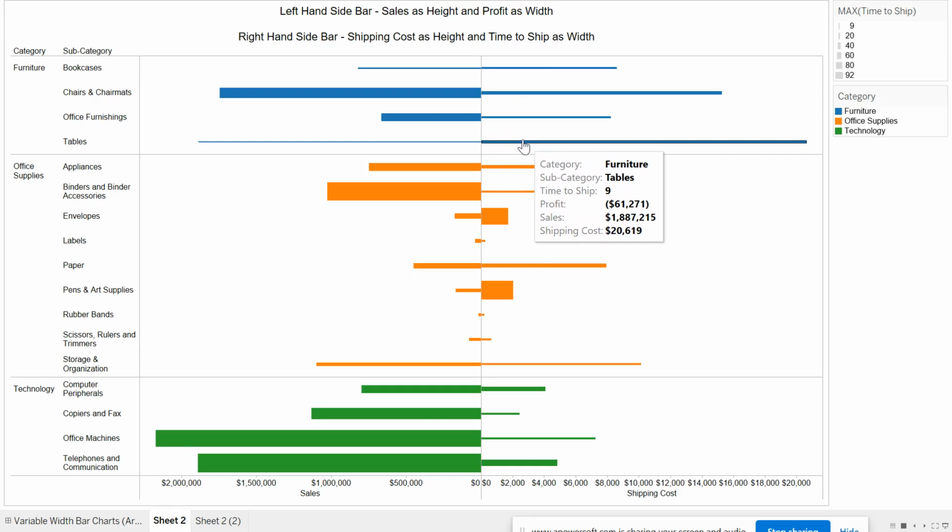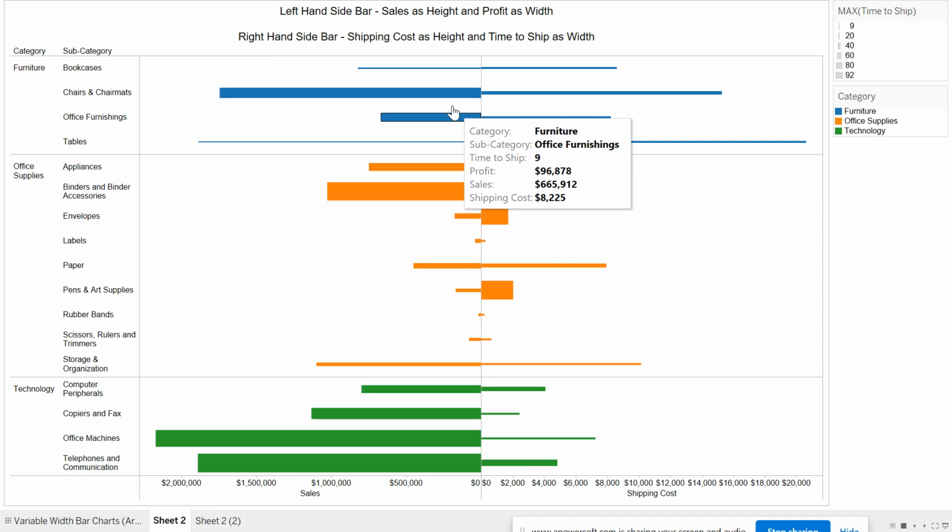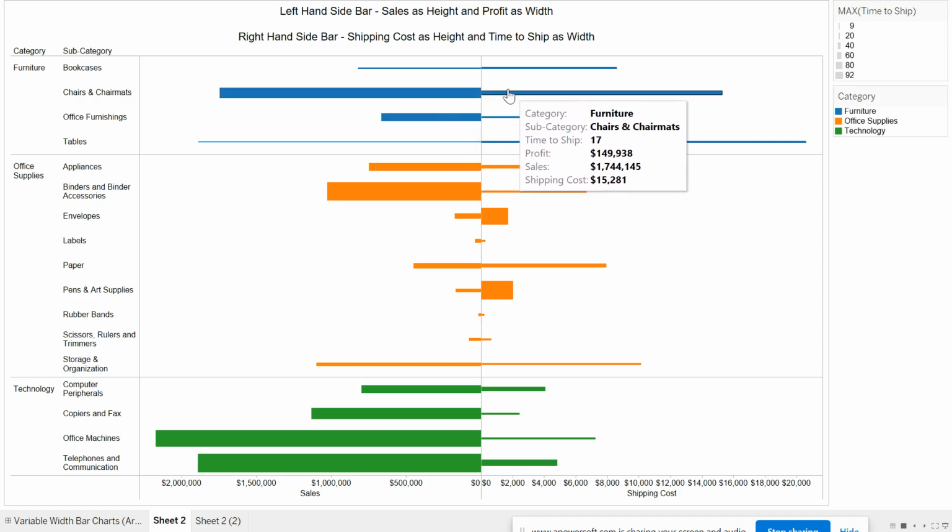So this particular visualization helps us understand the sales-wise profit, a kind of a correlation. And also we are seeing in the same bar on the right hand side the shipment cost with the time to ship as a correlation. And we made the axis with the sales here and the axis with the shipment cost.